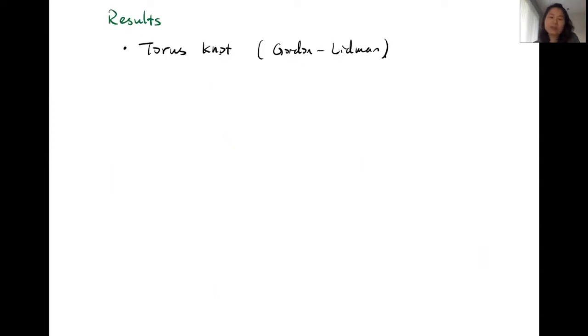Let's first look at torus knots. Basically, everything is understood for torus knots. This is done by Gordon and Litherland.